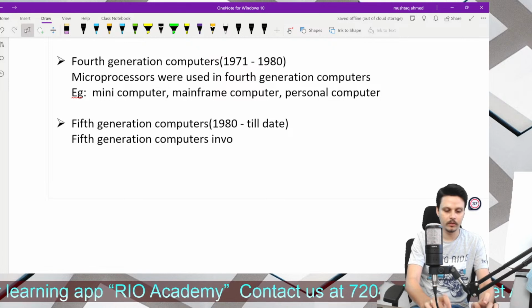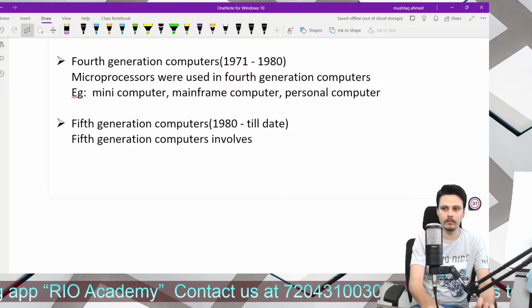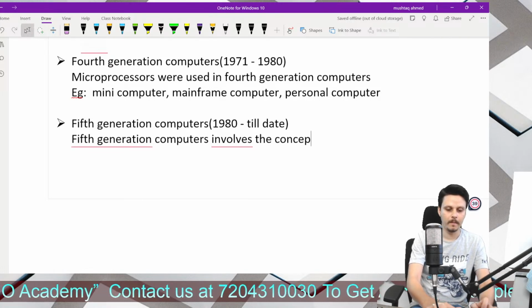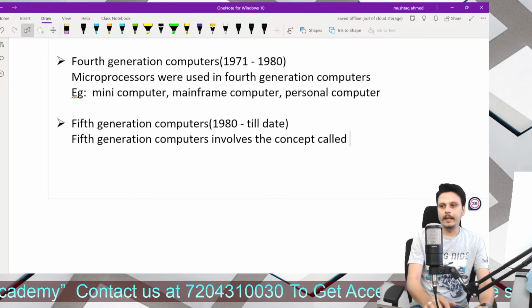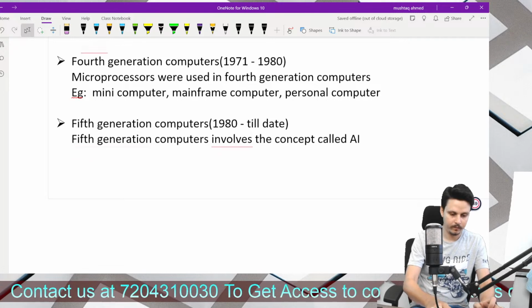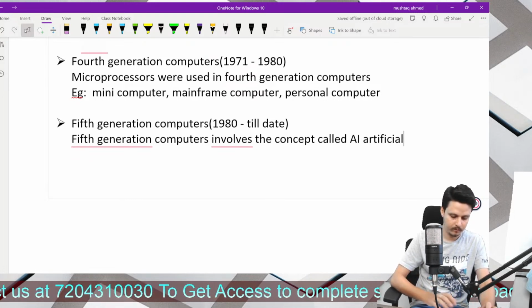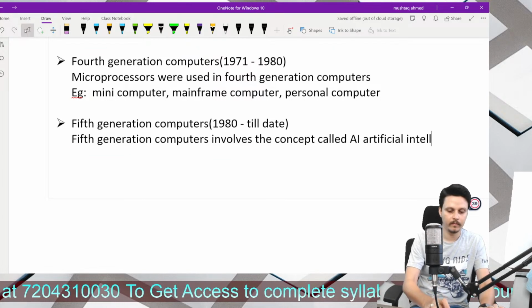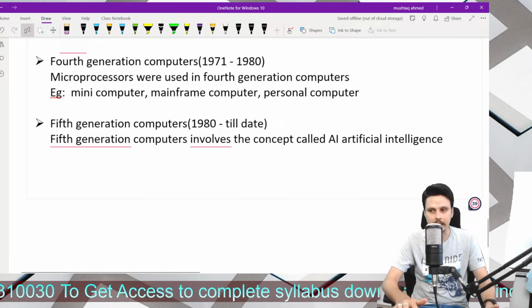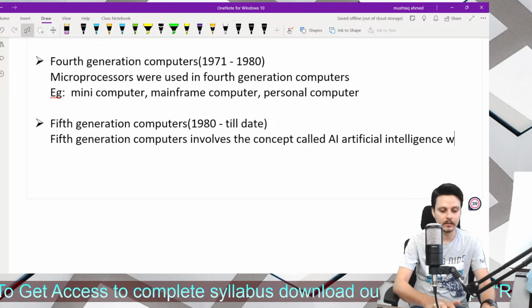The concept is called AI, that is artificial intelligence, which made computers to think like humans.